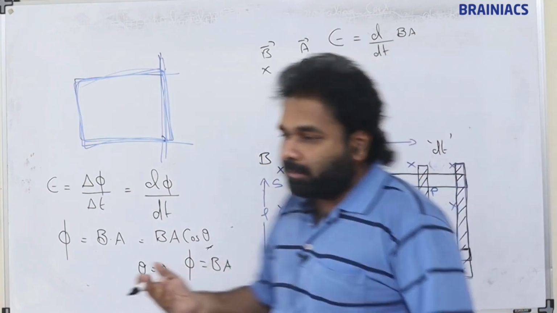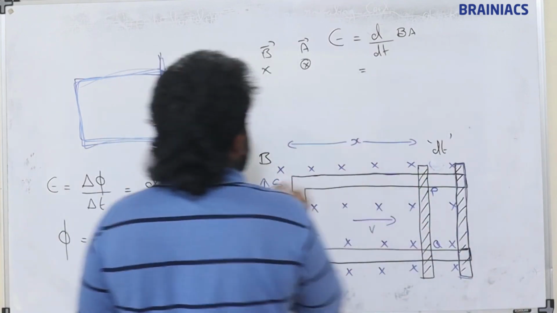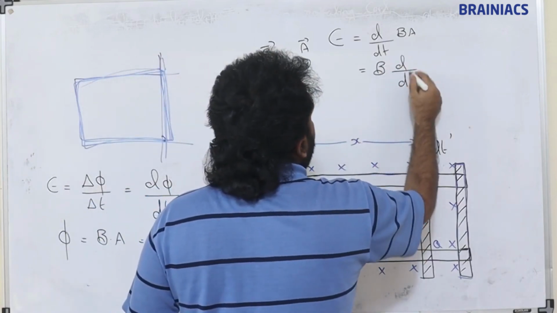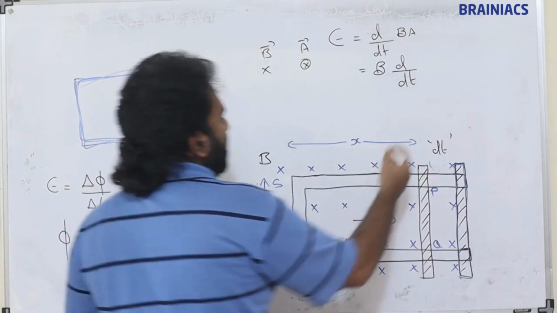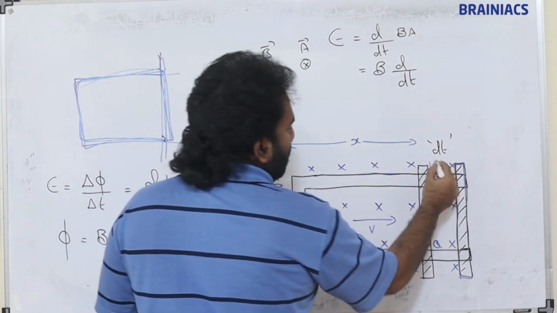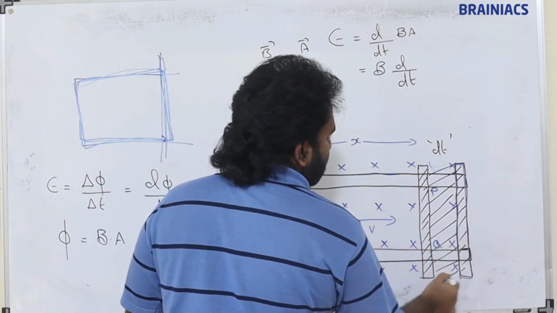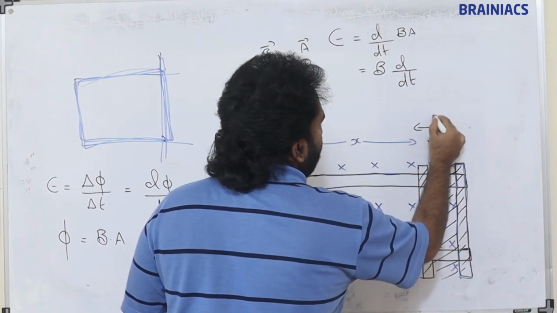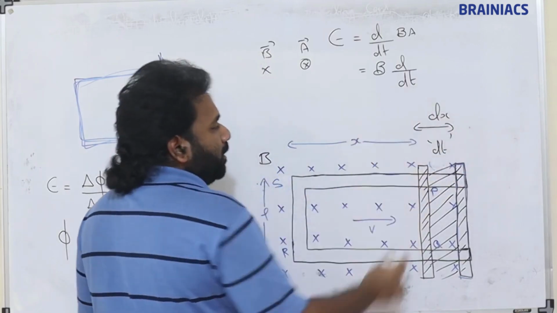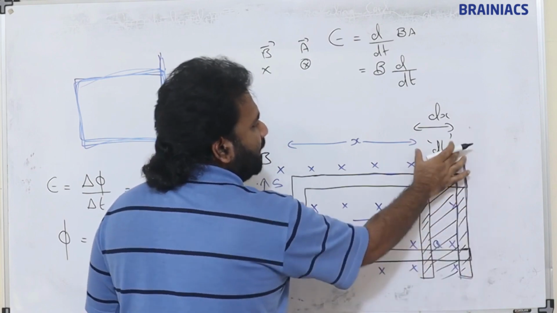So in dt time, if dx distance is covered, this magnetic field B is constant, so E is equal to B times d by dt of the area. Area is nothing but length into breadth. So in dt time, this much area is covered, with dx distance covered in dt time.